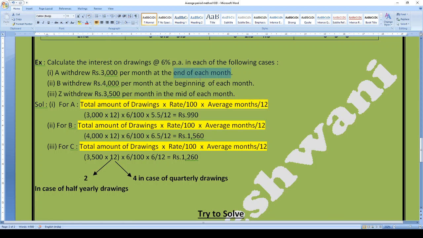We deducted this half difference because we want to calculate this at the end of each month. If it would have been at the beginning, then we will have to add 0.5 to 6, so it would be 6.5. So the game is all dependent upon this average month. Nothing is difficult in it. The game is of these average periods.